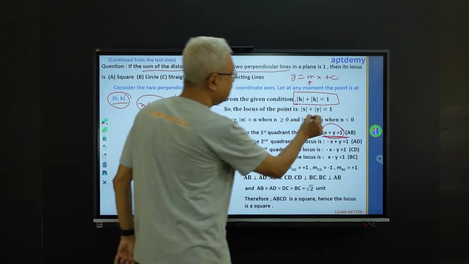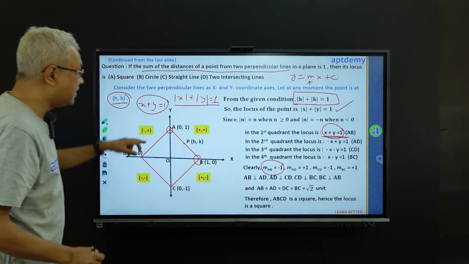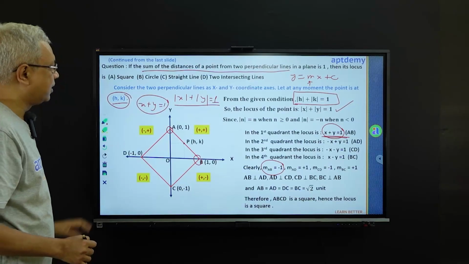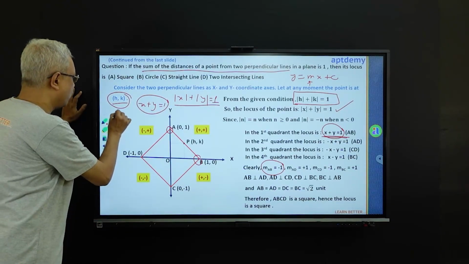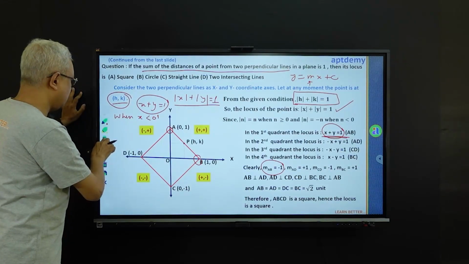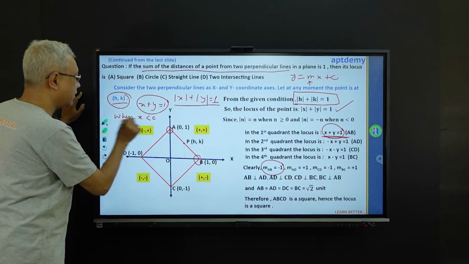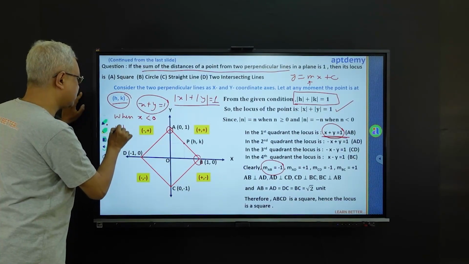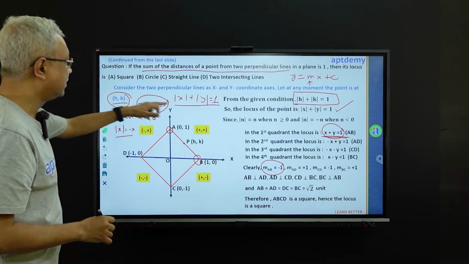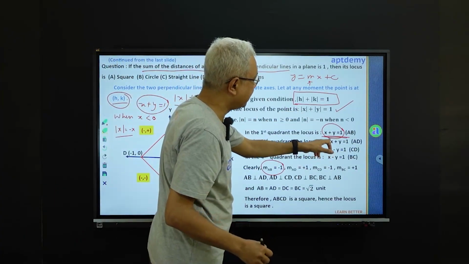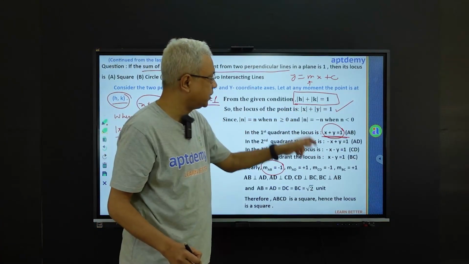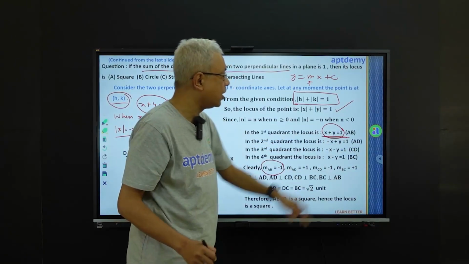Now what does this equation represent in the second quadrant? In the second quadrant, x is negative and y is positive, and when x is less than 0, we know mod x is negative of x. That we know. Therefore, here, in the second quadrant, y is positive, so from this equation I can write negative of x plus y equal to 1.